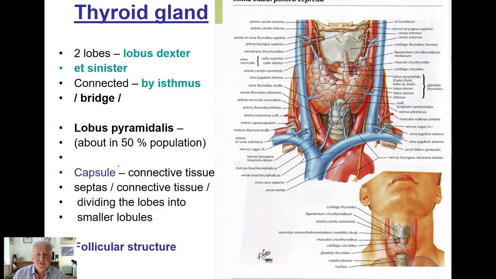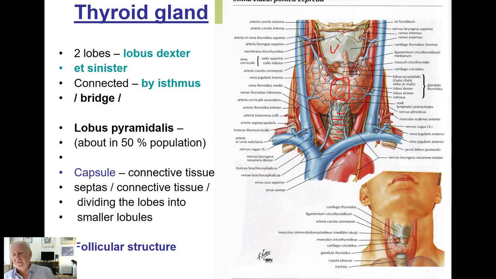So let's move a little bit lower to the neck region, and here you see nicely the cartilago thyroidea, the thyroid cartilage. You see the rings in the wall of the trachea, hyaline cartilage, and somewhere at this level you see the isthmus of the thyroid gland.